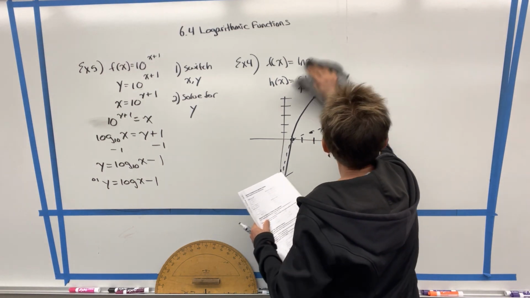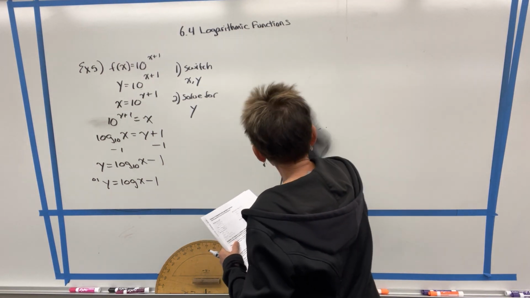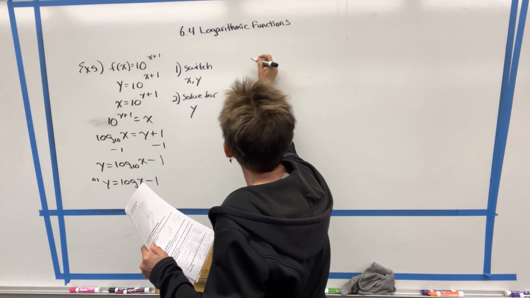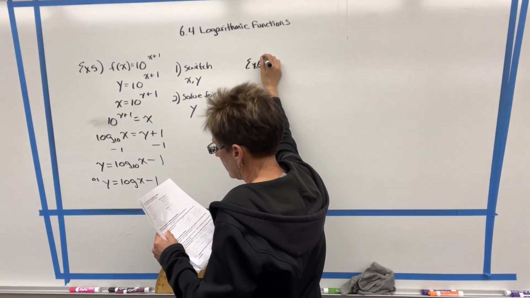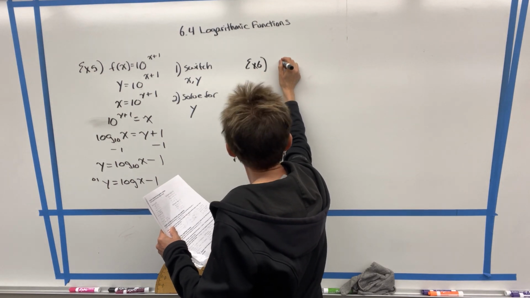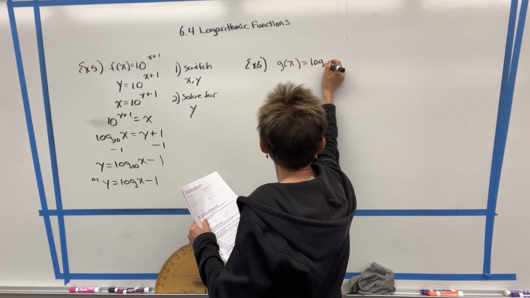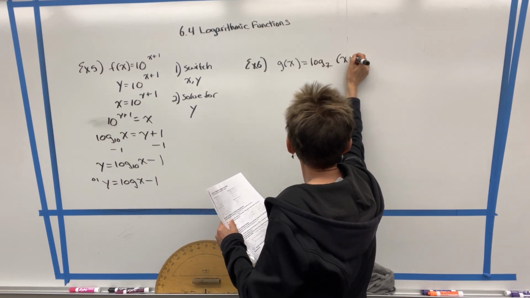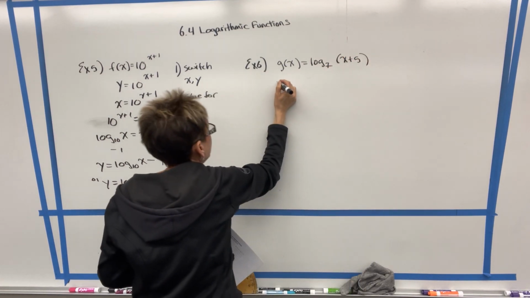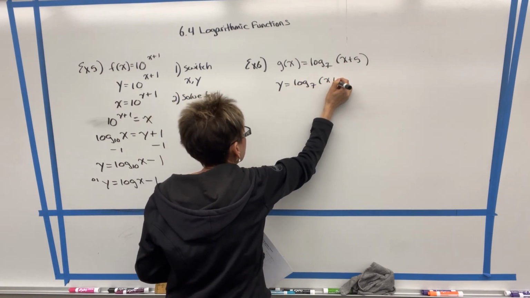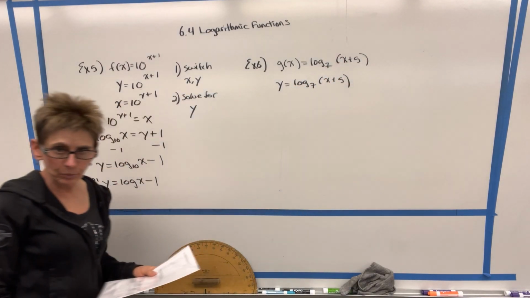All right, let's do another example here. Example number 6, and I think this will be our last one. If I have g of x equals log base 7 of x plus 5, I can think of this as y equals log base 7 of x plus 5. And then I need to do my 2 steps.